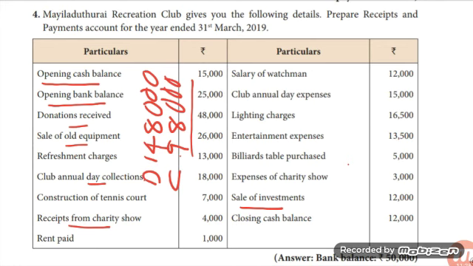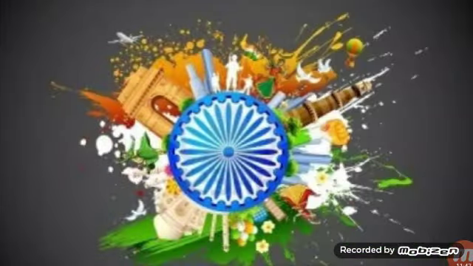Debit side total is 1,48,000. Credit side total is 98,000. Find the difference. The difference is 50,000. Okay. Write the balance on the credit side and write bank balance. Okay children. Thank you.